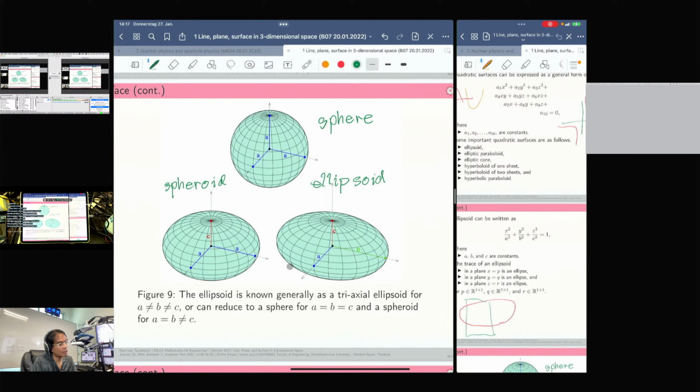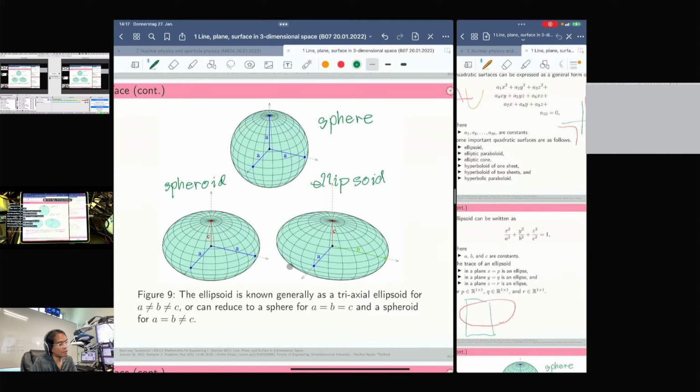What is that xy plane? XY plane means we have z equal to 0, right? And the XZ plane, what is that? Let's go to the beginning of this chapter.